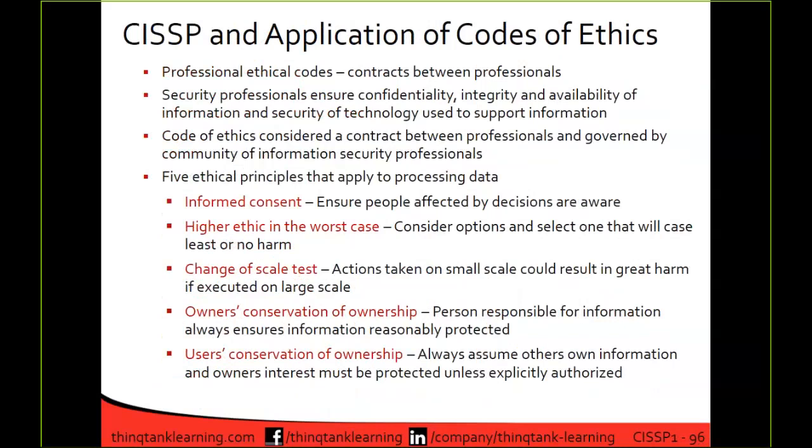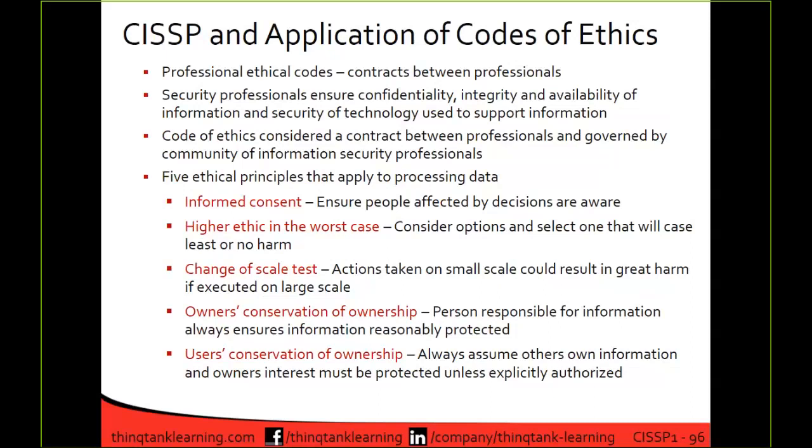So with regard to the CISSP and the application of the Code of Ethics, there are really two different areas that you focus on. The security professional, which is what you guys are or are becoming, you're the ones that have to ensure confidentiality, integrity, and availability of the information.